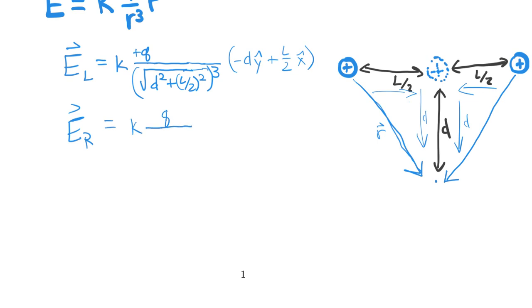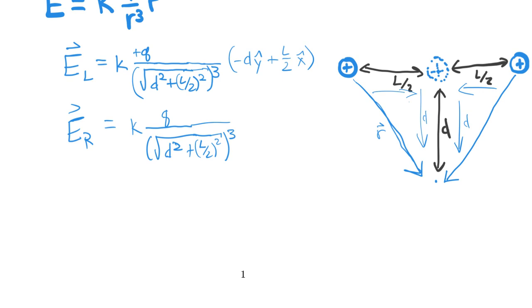The lengths of this vector and this vector are the same. So again, we'll have this magnitude down here cubed. So this is again going to be the square root of d squared, the y component of the vector squared, plus L over 2 squared, which is our x squared. So this is our r to the third power, y squared plus x squared, but you could also have done x squared plus y squared.